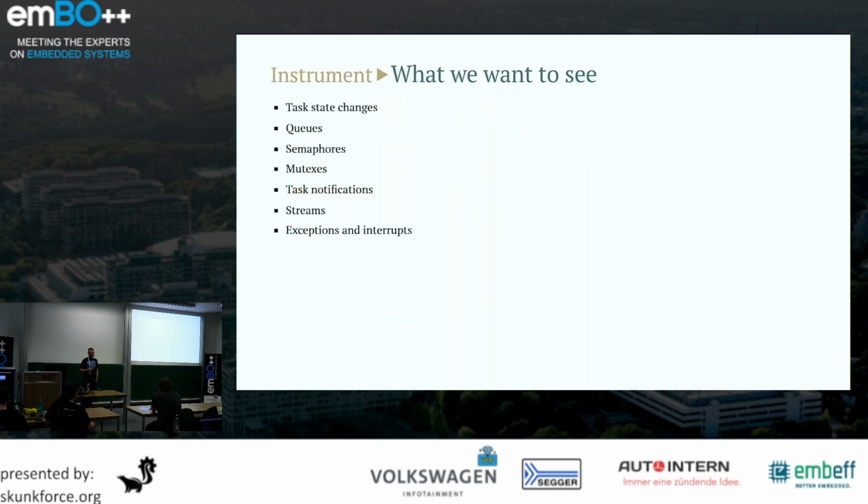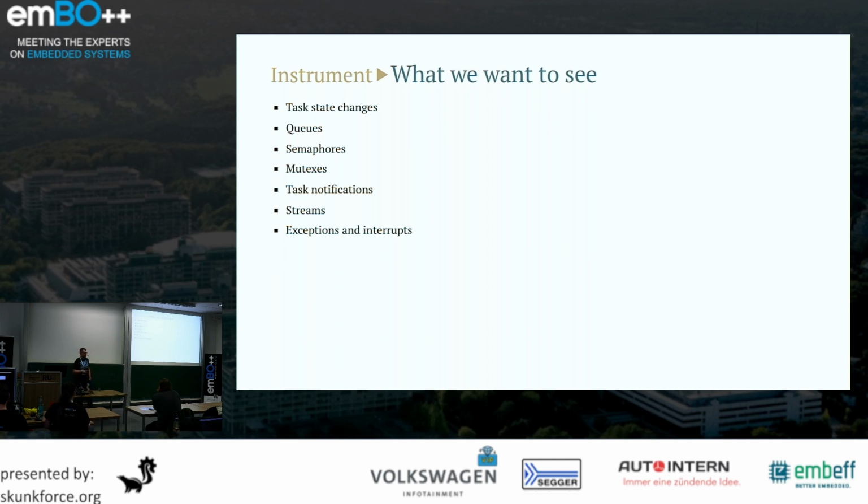What are the things that we would like to see? The most obvious thing is the state changes in task states. So a task started sleeping, or was blocked on something, or was just preempted by another task. FreeRTOS uses queues for a lot of synchronization primitives like queues, semaphores, mutexes, and many other things.